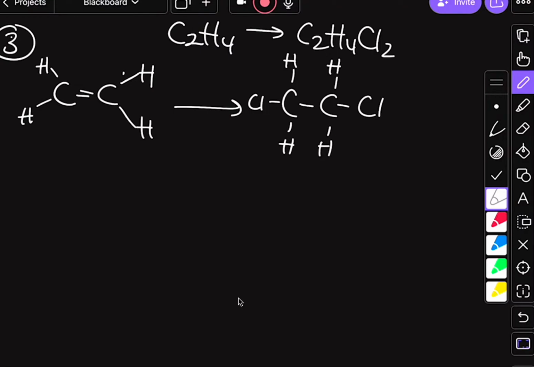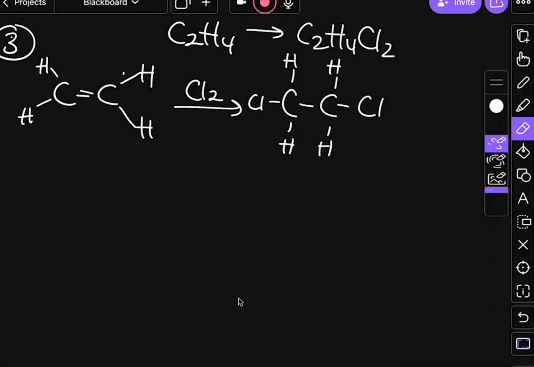Again, this is very obviously an addition. You've added on, in this case, Cl2 as your reagent. So if you have to describe the mechanism for ionic addition, it will be with Cl2 as your reagent.